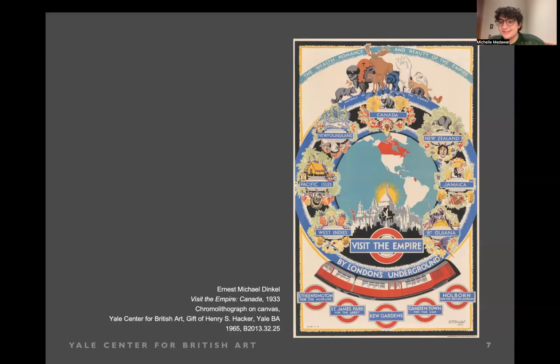And of course, we can see depictions of wilderness here in that every colony gets its own little plant and animal, and in many cases, racist caricatures of indigenous peoples. But the highlight is on the plant and animal life.